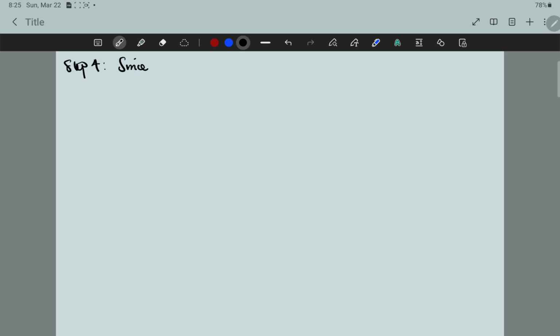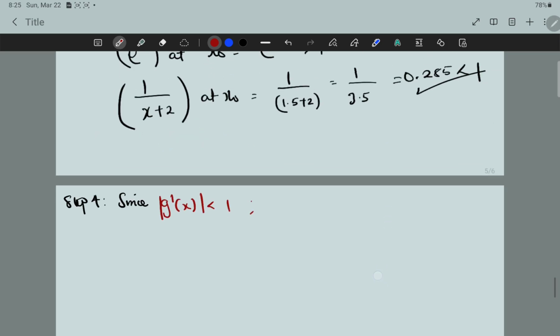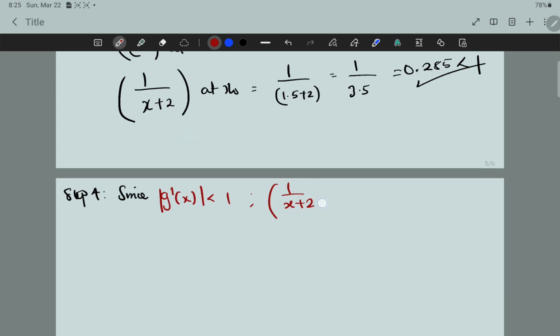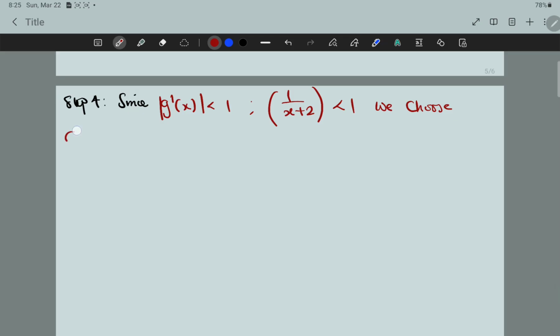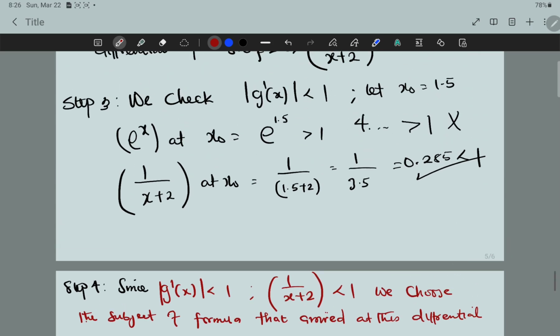Since g prime of x, which was 1 over x plus 2, was less than 1, we choose the subject of formula that arrived at this particular differential.